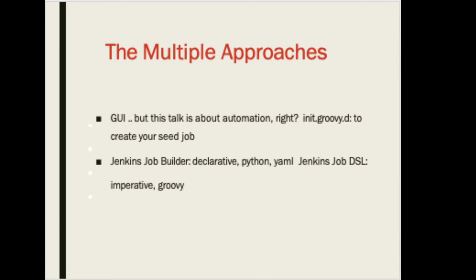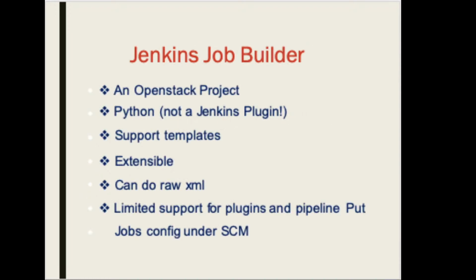What is inside? The first one we look at is the multiple approaches that are available to operate Jenkins. When you look at the multiple approaches, the first one is the GUI, the graphical user interface. But I'm looking at automation.